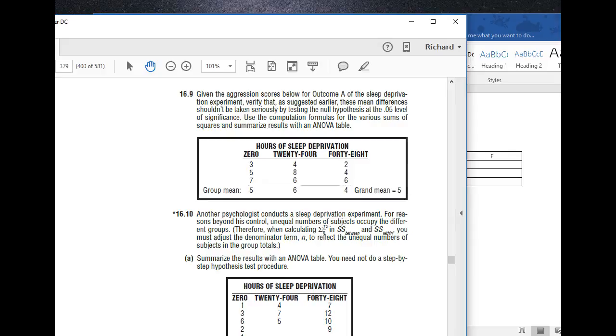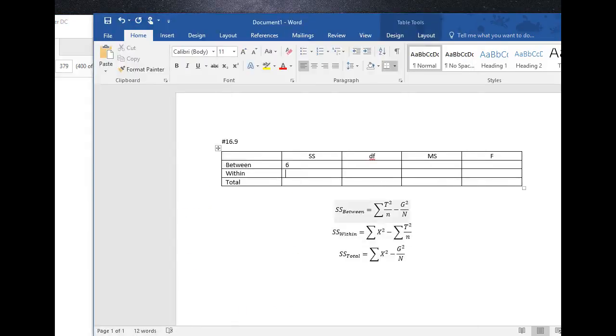So 3 squared plus 5 squared plus 7 squared plus 4 squared plus 8 squared plus 6 squared plus 2 squared plus 4 squared plus 6 squared. That turns out to be 255. I'm not dividing this by anything, so that's 255 minus 231, which gets me to 24. So the sum of squares within is a nice even 24.